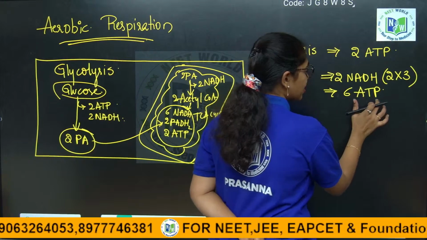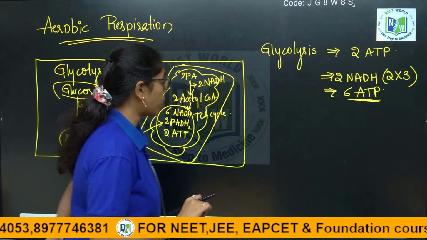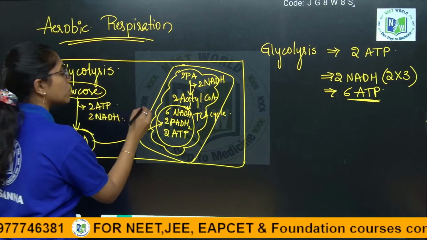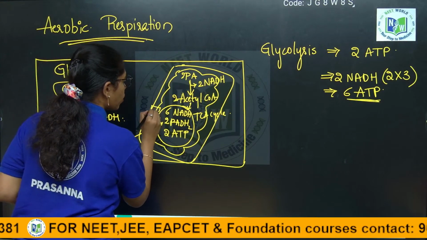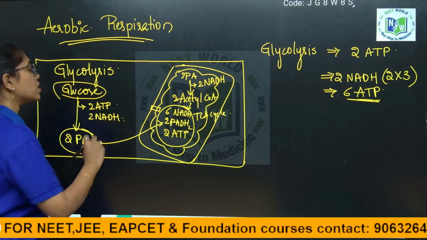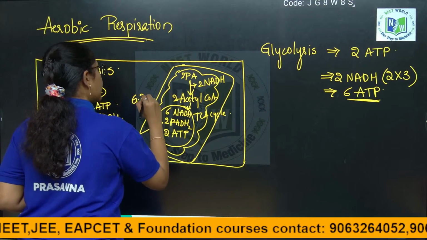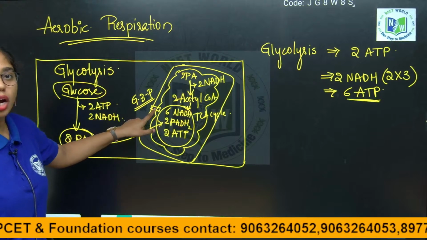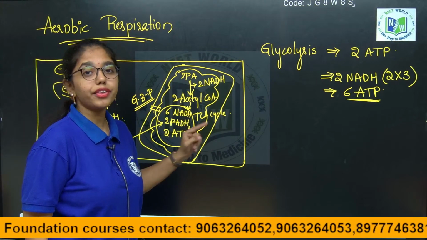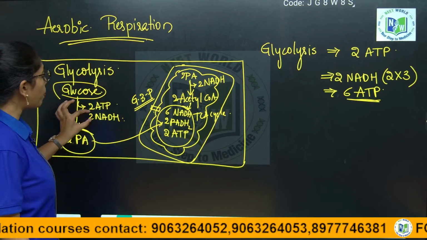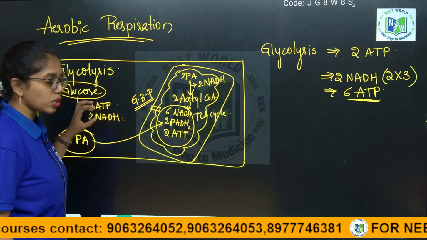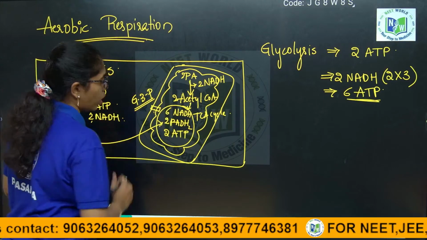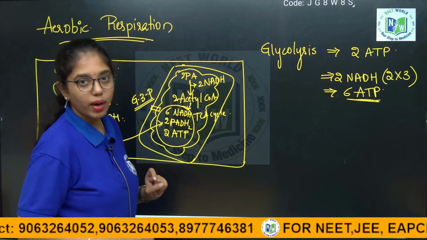Of the 6 ATP molecules, there is a shuttle system which is activated in the inner mitochondrial membrane. This shuttle system is called the glyceraldehyde 3-phosphate shuttle system. This shuttle system is called what? Glyceraldehyde 3-phosphate shuttle system.